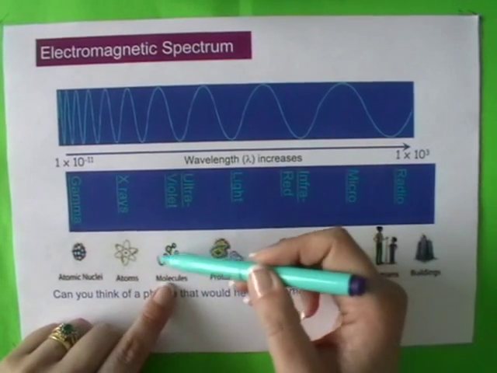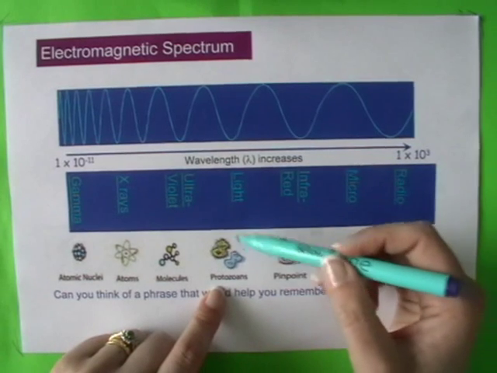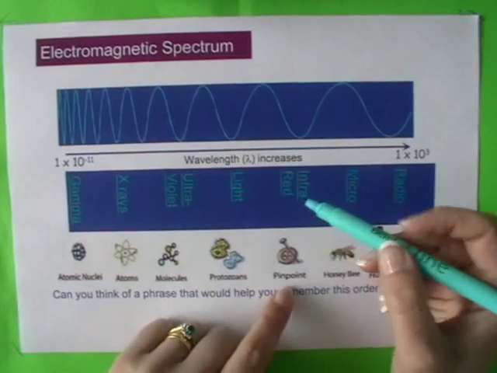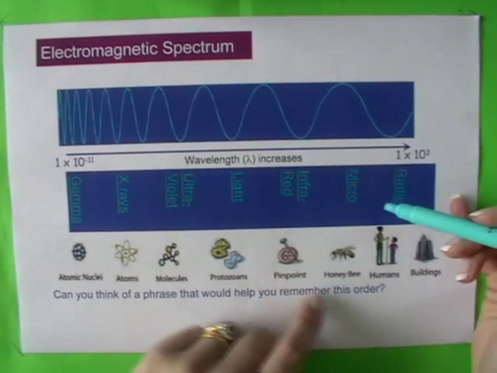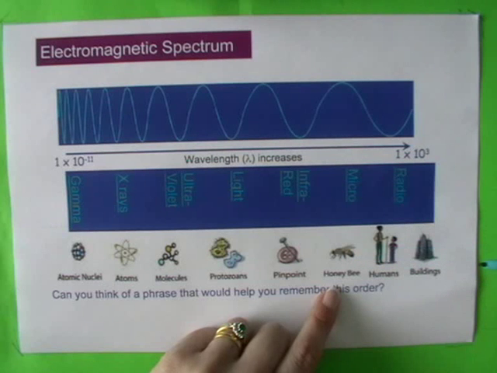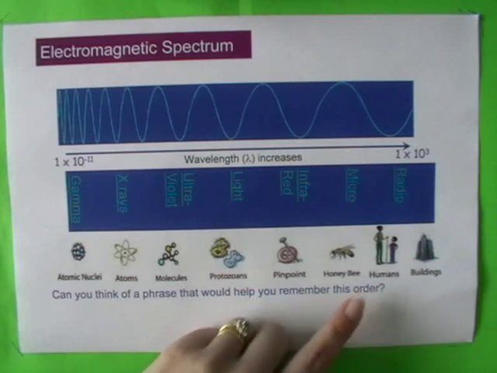For ultraviolet, we're talking more about molecules. Light, the wavelength of light, visible light spectrum, is around about the size of protozoans. Infrared's about the size of a pinpoint. Microwaves, the wavelength of microwave is about the size of a bee. And the radio waves, the wavelength can range from that of the size of human beings to the size of buildings.